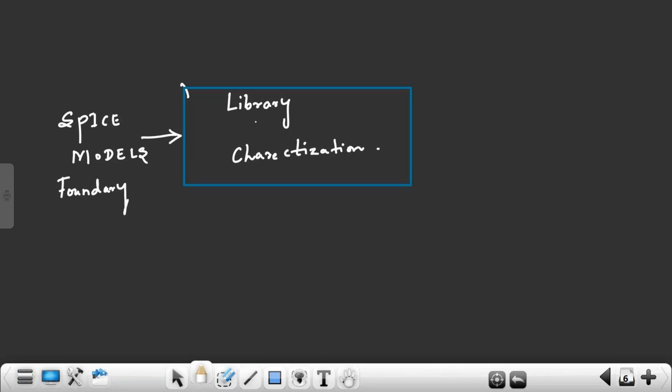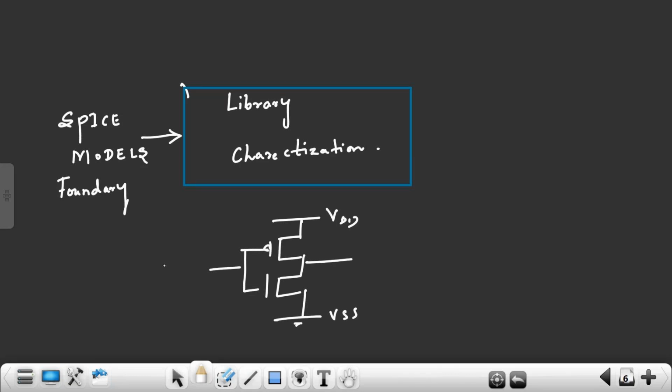By taking the spice models, they will draw the schematic of each and every circuit. Like this is a circuit of an inverter. They will apply different inputs and connect different load capacitances, calculate the delay and the power consumption, and give it in a file called the .lib file.